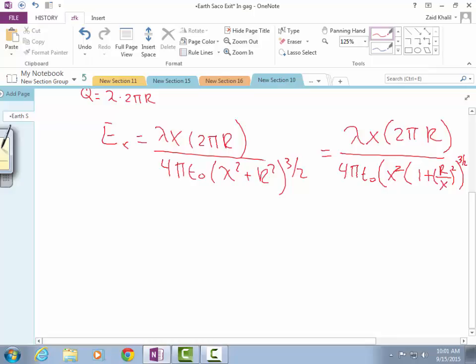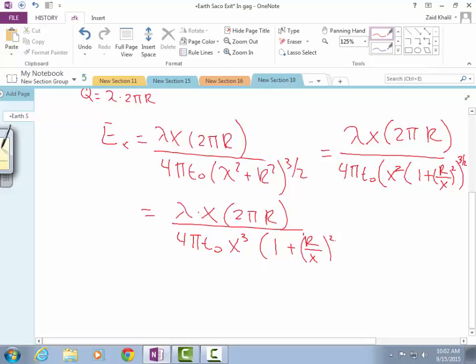Is that correct? Now this is equal to lambda times x times 2 pi r over 4 pi epsilon naught, and x squared to the 3/2 is x cubed, times (1 plus (r over x) squared) to the 3/2.